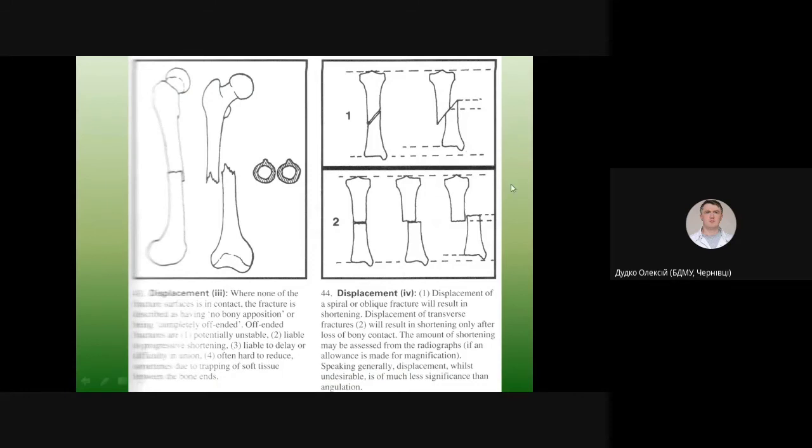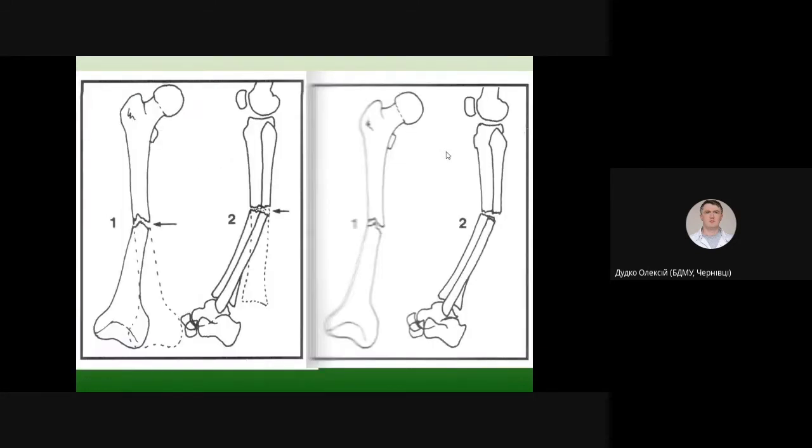As you see, for transverse fractures, the fracture must be completely displaced before you have shortening. With oblique fractures, it's vice versa. Even a slight shift can cause a significant shortening of the extremity. So that's another type of displacement that we should correct.